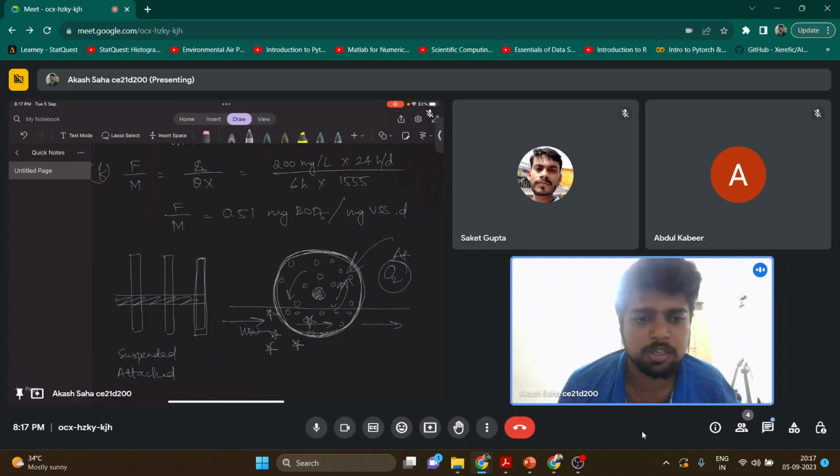The microorganisms will use the oxygen present in the atmosphere, and the organics coming in the wastewater will be degraded by the action of the microorganisms. This shaft will keep moving, and slowly there will be a biofilm growth, a biomass growth on this disc or plate. So the thickness will slowly increase.